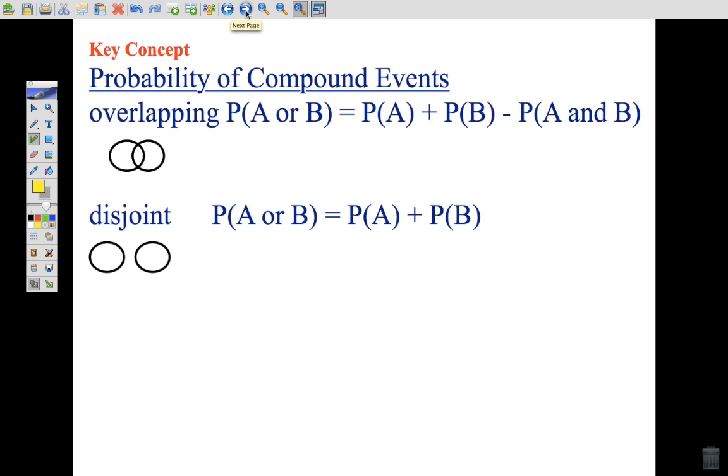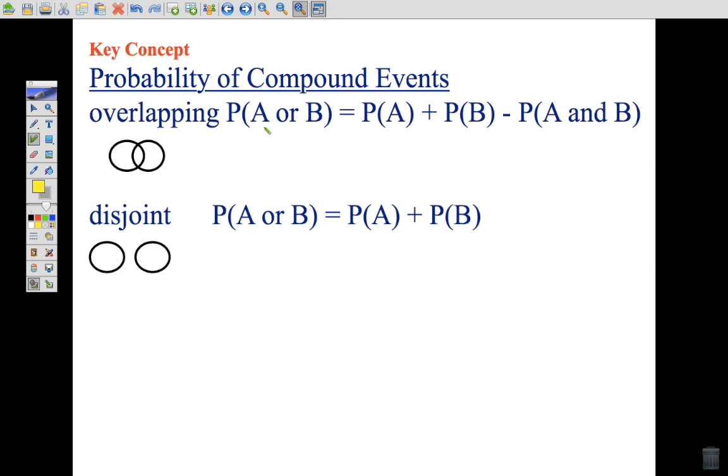As we look at our probability notation, when we're calculating the probability of compound events, that means 2 things occurring together, there are 2 separate calculations, just as we saw with our Venn diagrams and the number of elements. So if we have an overlapping situation, now please note, the problem's not going to say this is an overlapping situation. You have to be able to recognize if you have any members that are in that intersection.